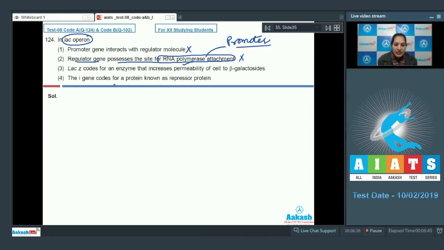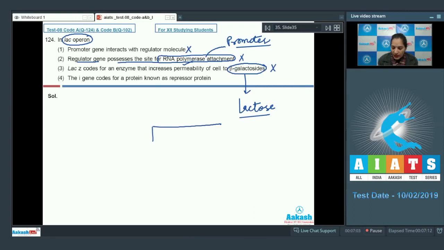Third, LAC-Z codes for an enzyme that increases permeability of the cell to beta-galactosides. What is a beta-galactoside? Lactose is a beta-galactoside. It's a sugar. And LAC-Z gene codes for an enzyme which increases the permeability of the cell to the lactose. No, this is not correct.